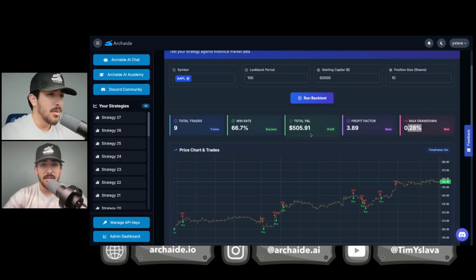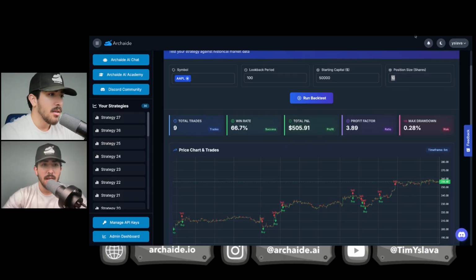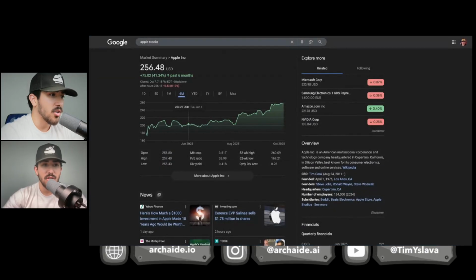Now, that being said, we should add a calculation for this to determine the percent profitability, how much money you actually made. But let's just back into it. We have 10 shares of Apple, and if we go back over here, a share costs about $200, so we spent about $2,500.